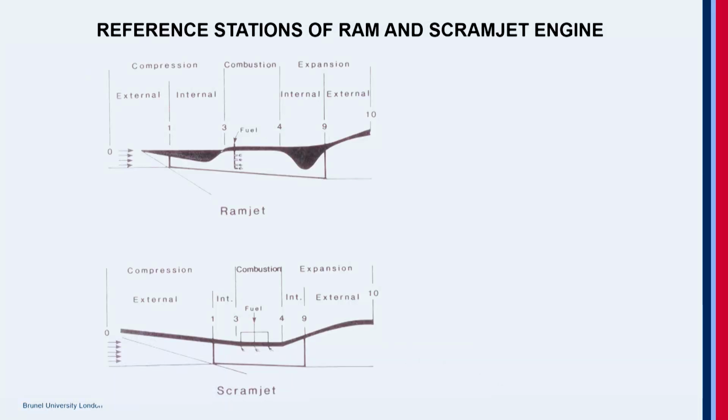Okay, so now the reference stations of RAMJET and SCRAMJET are given here. If you look at this, you can see that the cycle diagram is much simpler.